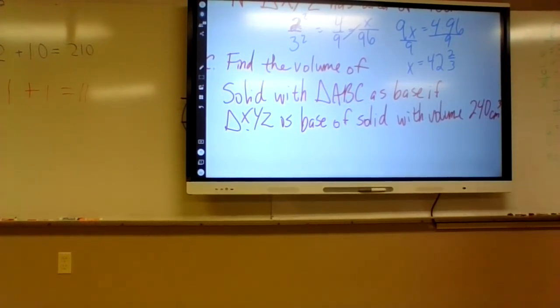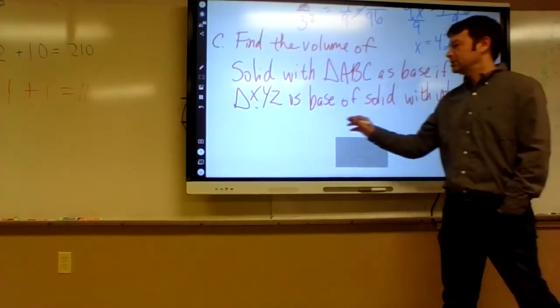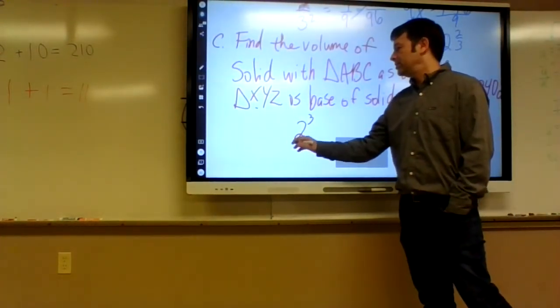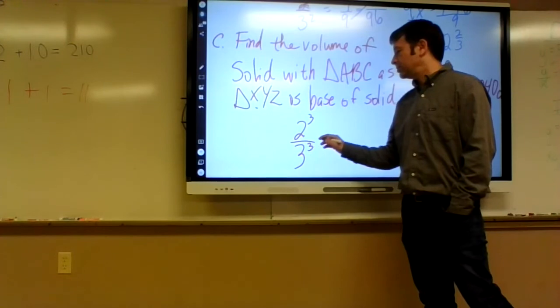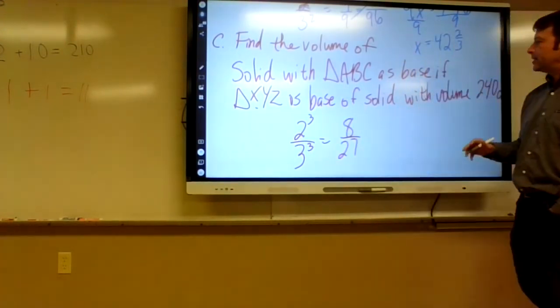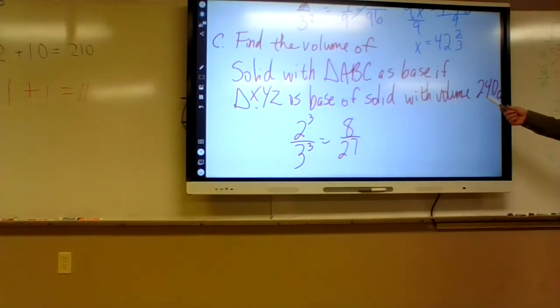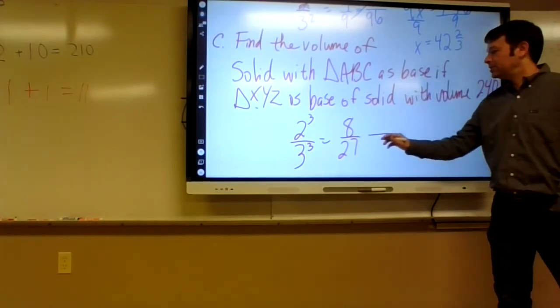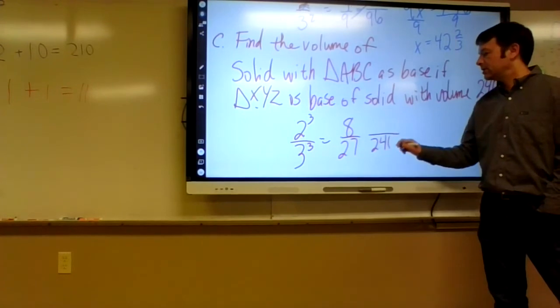If the similarity ratio is 2 to 3, how do we find the ratio of the volumes? Cubic. So cubed, 8 to 27 is the ratio of the volumes. Okay, they give us the volume of XYZ. Was XYZ the big or the smaller triangle? It's the big. So 240 should go down here with the big.